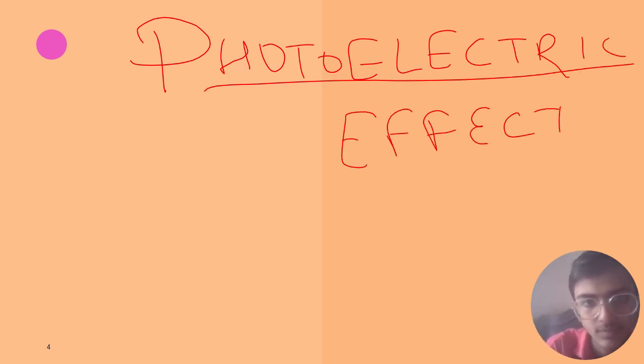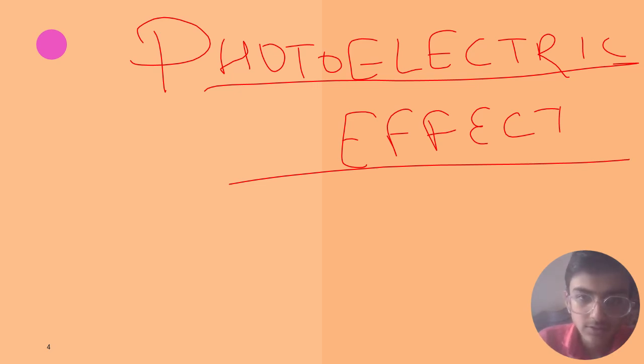So we are discussing the photoelectric effect. The photoelectric experiment was performed by not only Einstein but some other scientists also, but the theory of this effect was given by Albert Einstein. The experiment was like this: you take a discharge tube, then a cathode and anode, connected to the terminals of a battery.